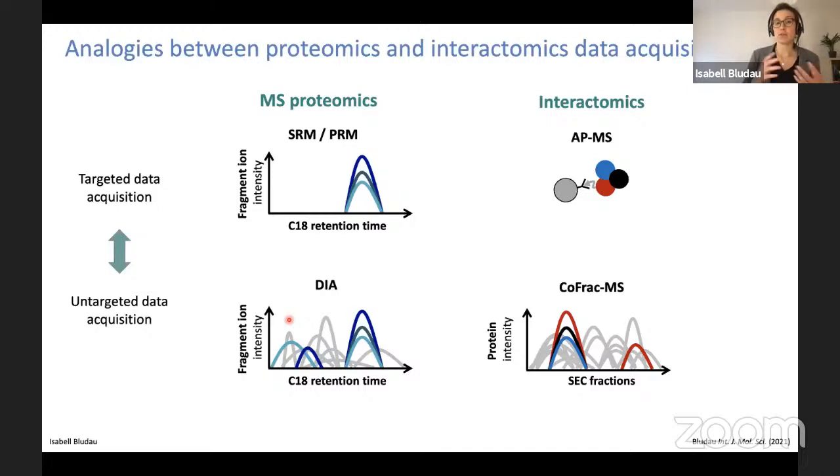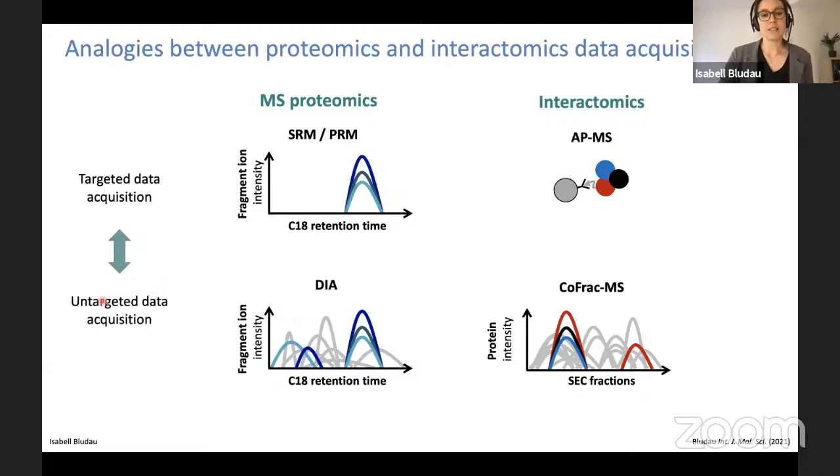What we do in these strategies is we select some peptides prior to data acquisition, and then we specifically target those peptides during our acquisition mode. This is kind of analogous to the situation in APMS, where, prior to our experiment, we select a specific bait protein that we want to investigate in our data acquisition.